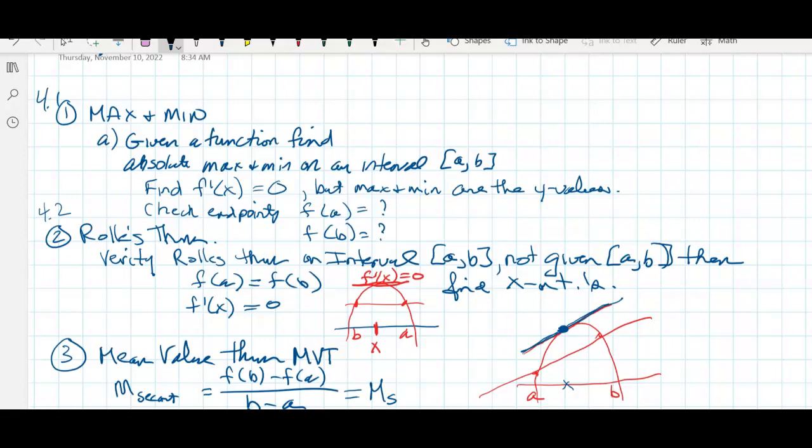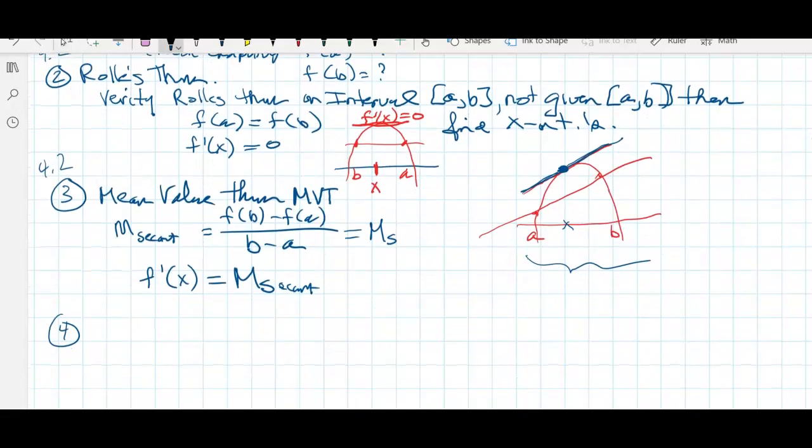We kind of combined them. 4.3 is called what does the derivative tell us, and then 4.4 is graphing. So we put them together, 4.3 to 4.4, and it was graphing.